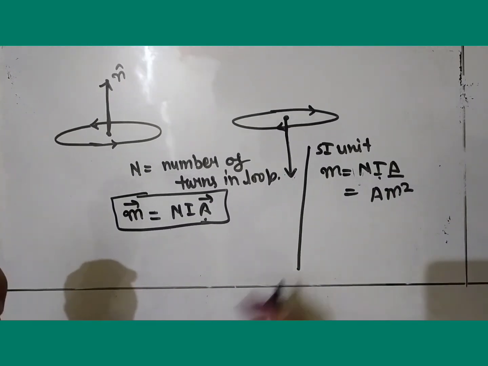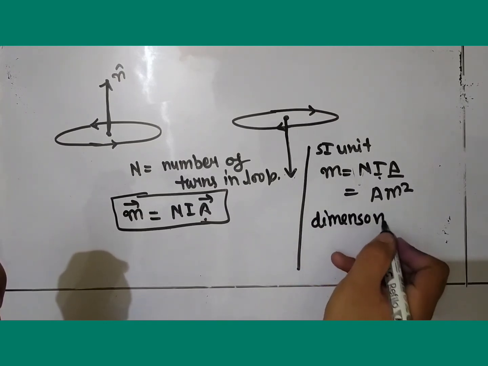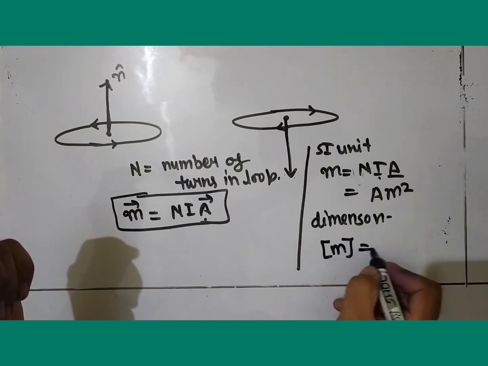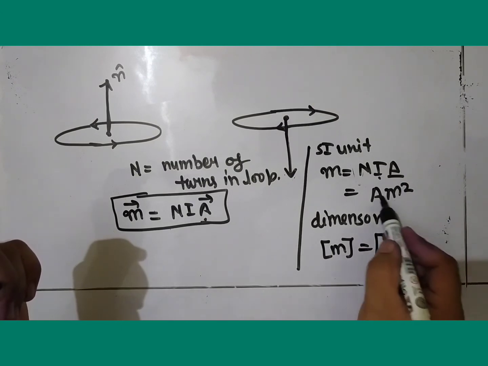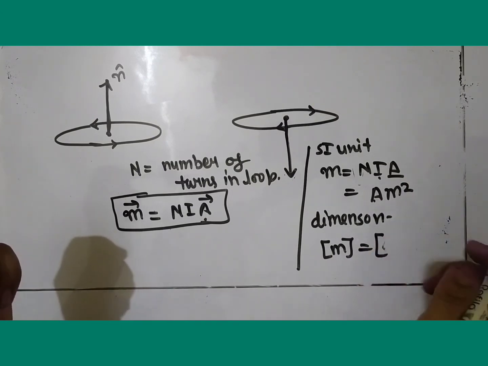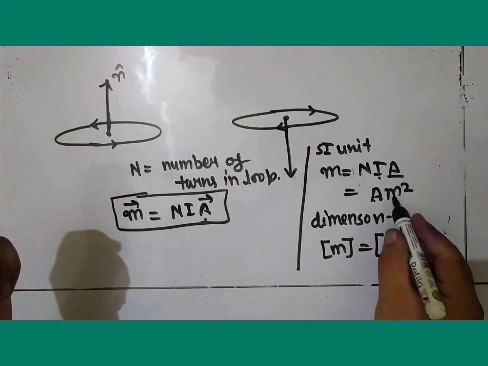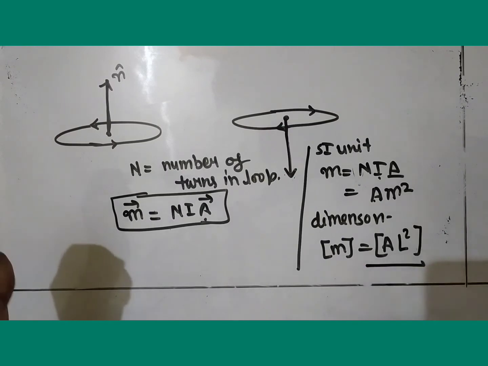Now its dimension will be: for ampere it is A, and for meter square, which is area, it will be L square. So this is the dimension of the magnetic moment.